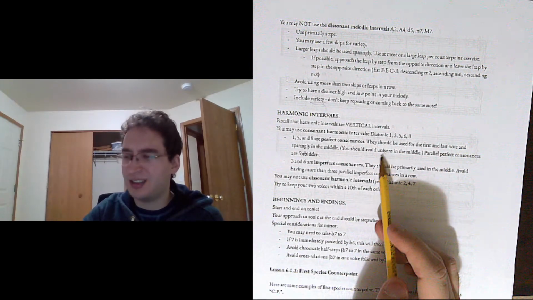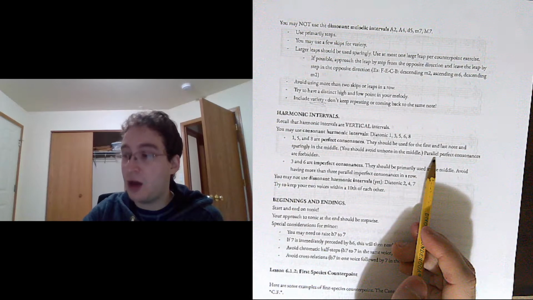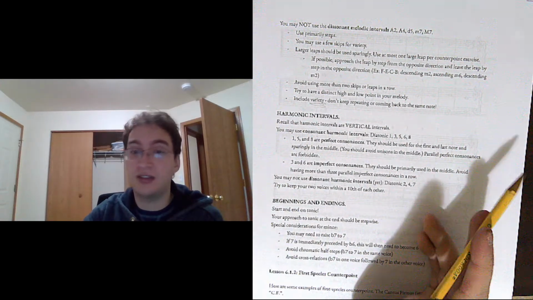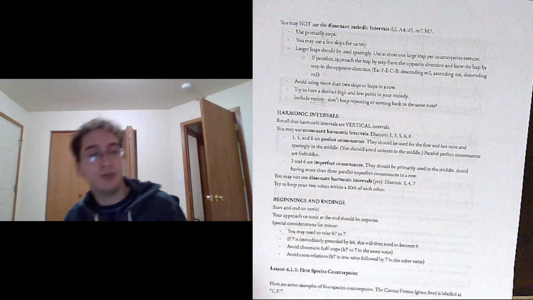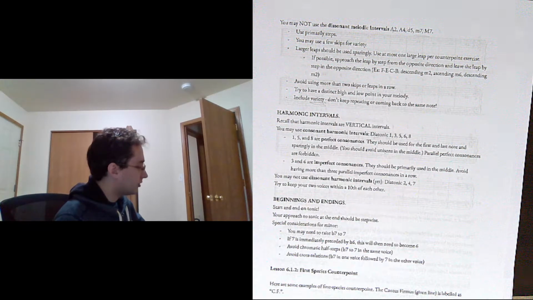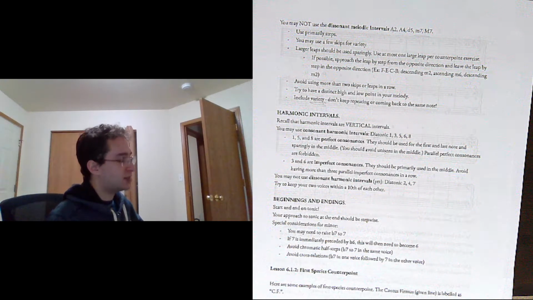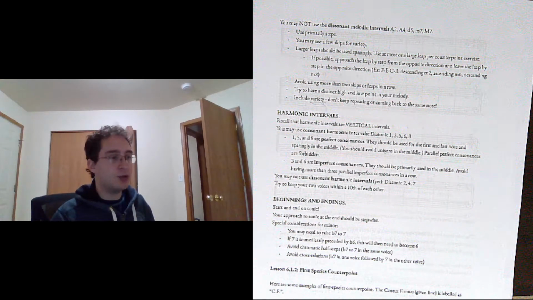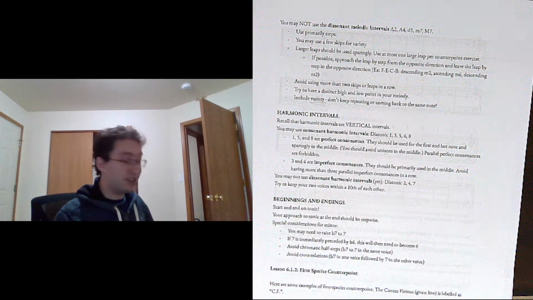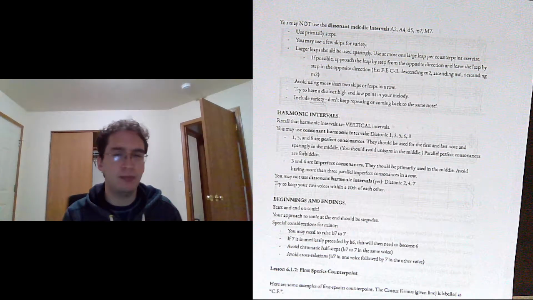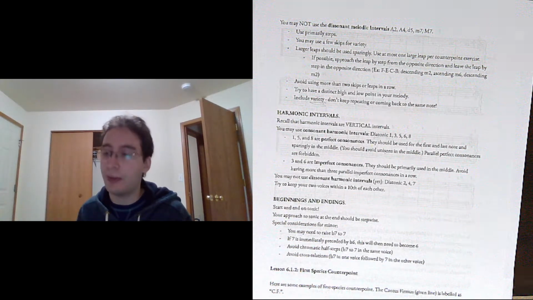Don't really want unisons in the middle of your exercises. You're not allowed to have parallel perfect consonances. That's just not allowed because the perfect consonances are so similar that in terms of harmonic series and stuff that it would sound like a single melody versus sixths. Having a couple of those in a row, it's easier to tell them apart.